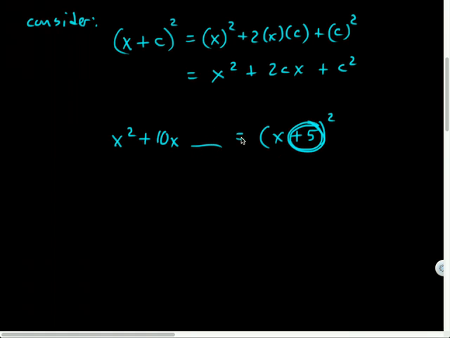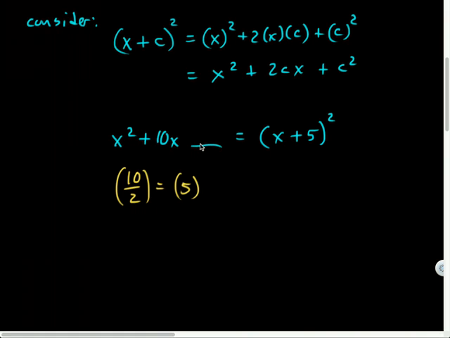I agree. What if I didn't tell you what this was? Could you figure out, using only this side, how would you have gotten 25? Okay, so he said divide 10 by 2, and I would get 5.